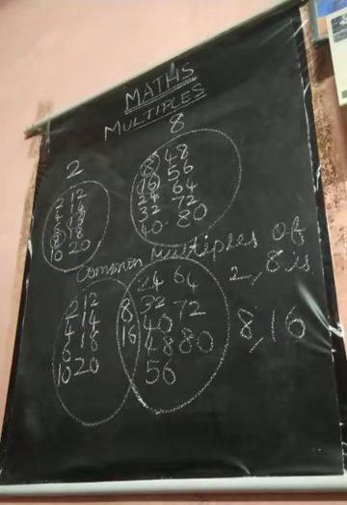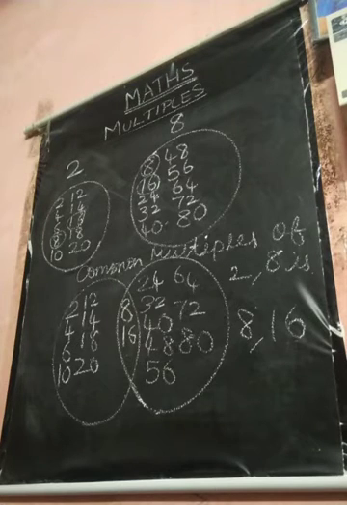How will you find out the common multiples using this circle? In the first circle, you write the first 10 multiples of 2. In the next circle, you first find out the first 10 multiples of 8. After that, you compare the multiples of 2 and of 8. What things are the same?